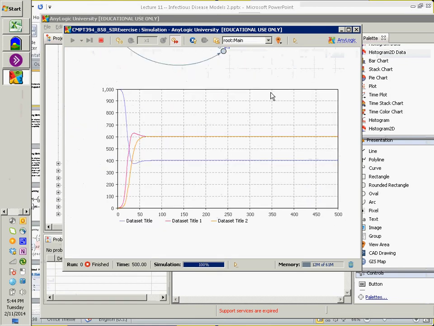So here, what's going on? The endemic level of infection is much higher.